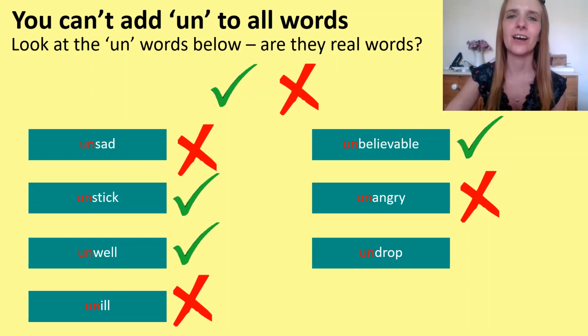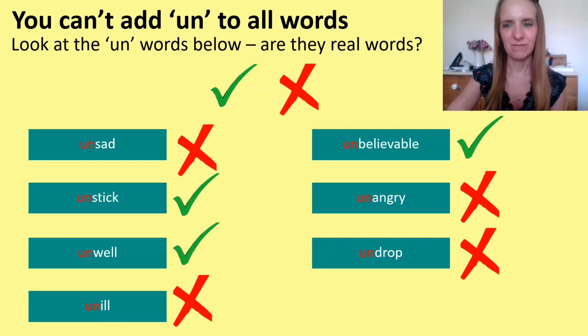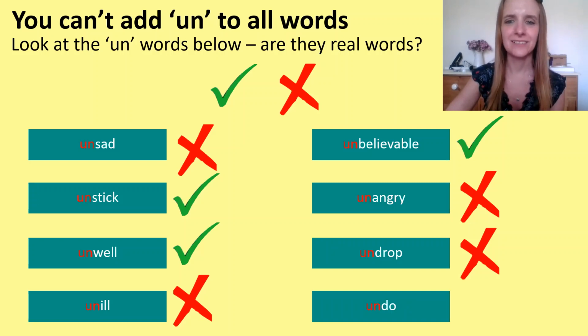Okay, we've got the word undrop. Have you heard of that before? Do you think it's real or not real? No, it's not a real word. Last one now. Undo. Have you heard of the word before? Yes, undo is a real word. Well done if you got all of those right.